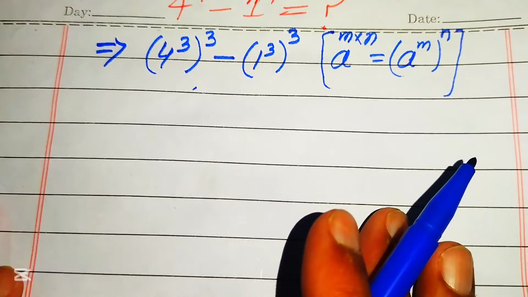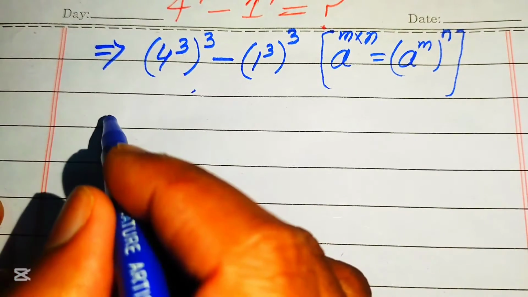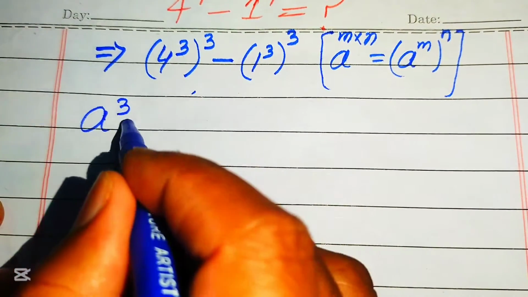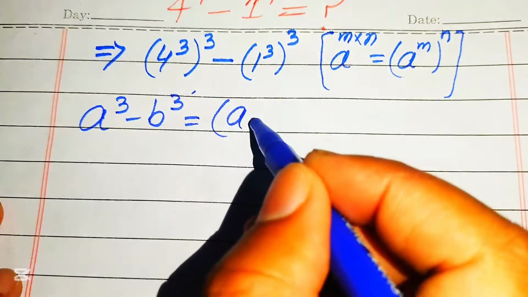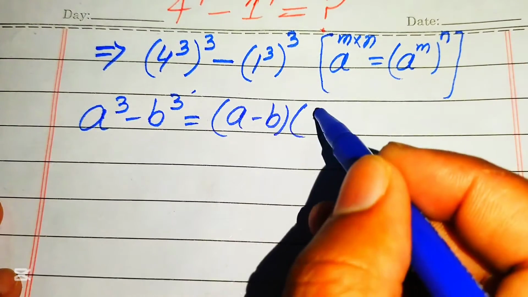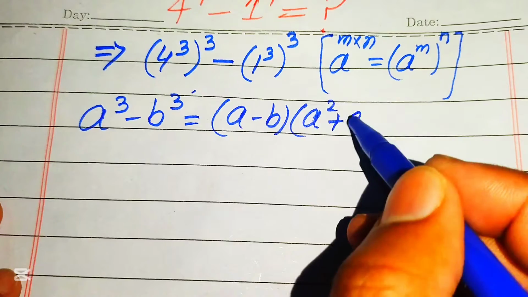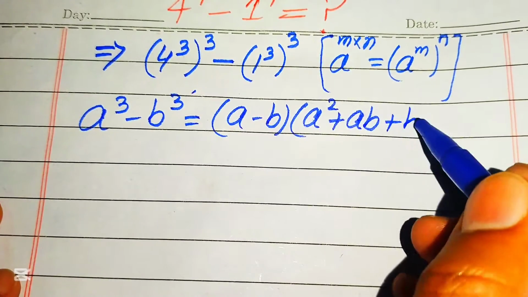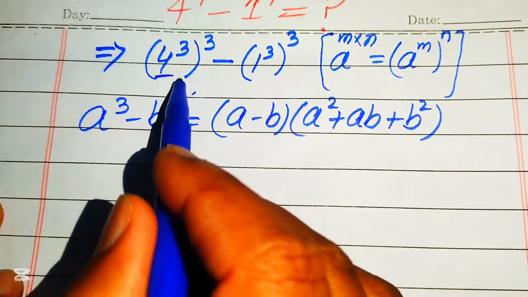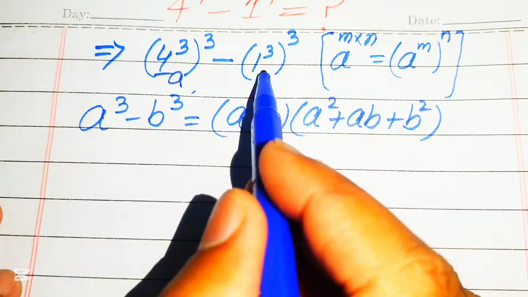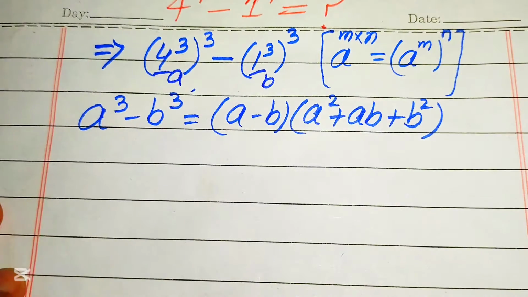After this step we apply the nice cubic formula. You know that a cubed minus b cubed equals a minus b times a square plus ab plus b square. According to this cubic formula, the value of our a is 4 cubed and the value of b is 1 cubed.